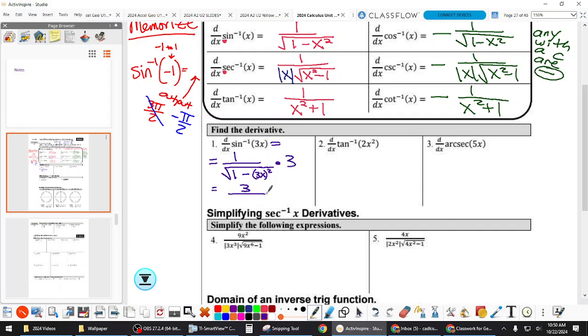So if we kind of simplify this a little. Can I square root those two? Okay. So be careful not to be tempted. I could totally see AP putting that as one of the choices, right? Like 3 over the square root of 1 minus 3x, and tempt you to square root those individually.